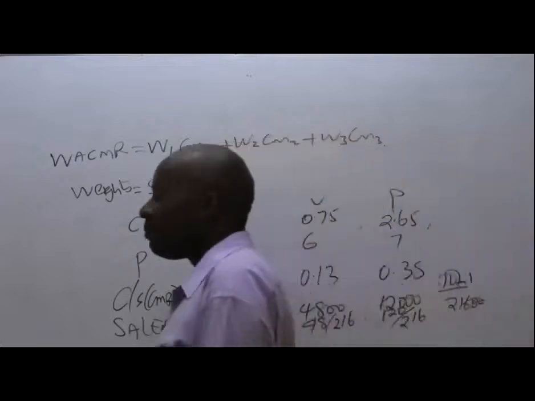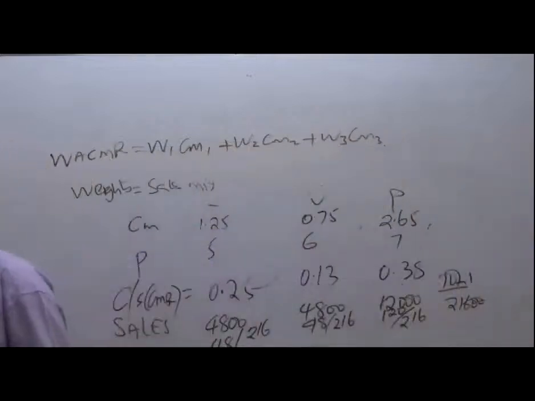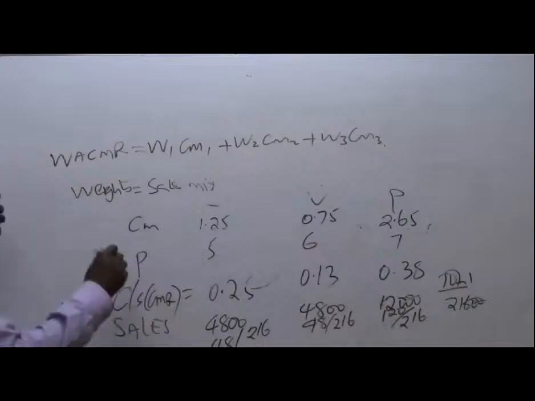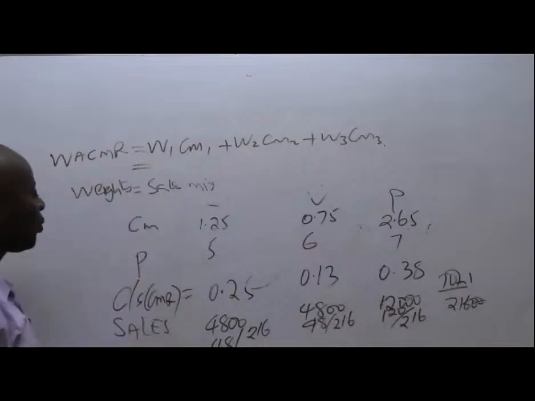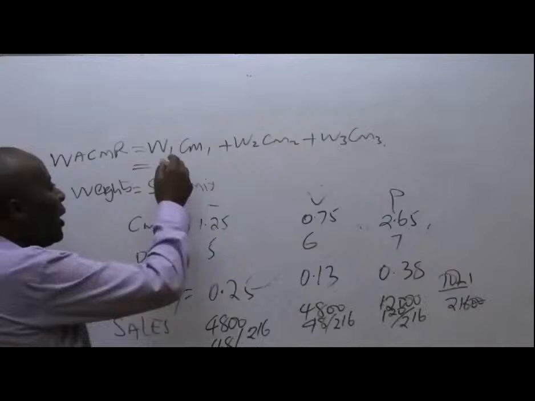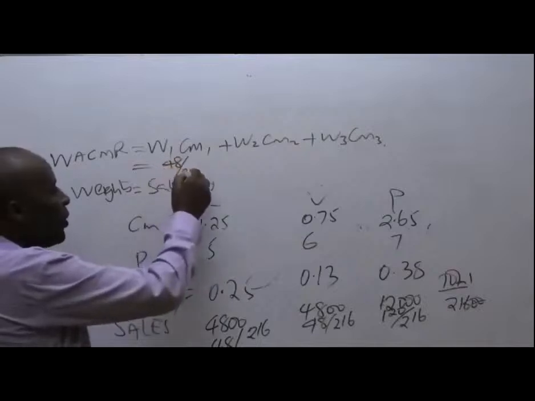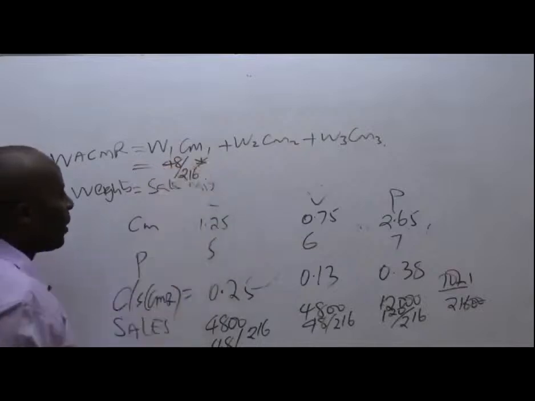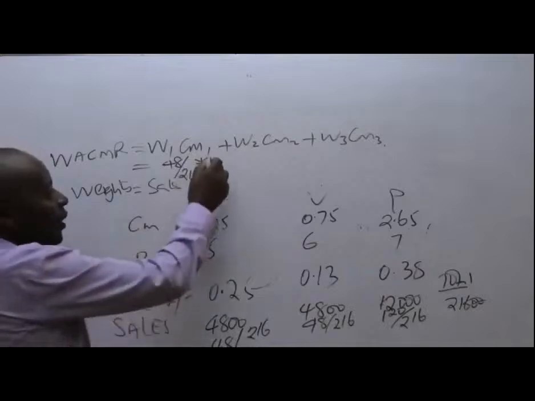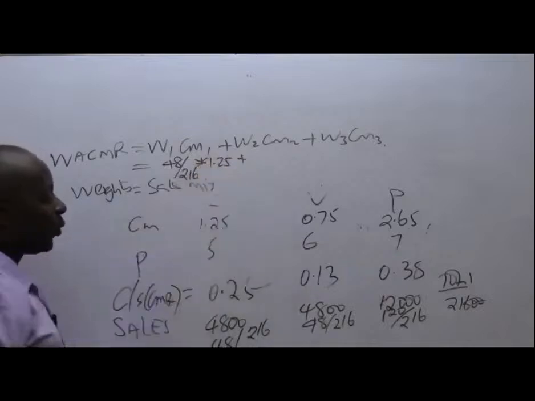So please come back here to our workings. What do we have, ladies and gentlemen? We have weight 1. Weight 1 here is 48 over 216 times contribution margin 1, which is 1.25, plus weight 2.